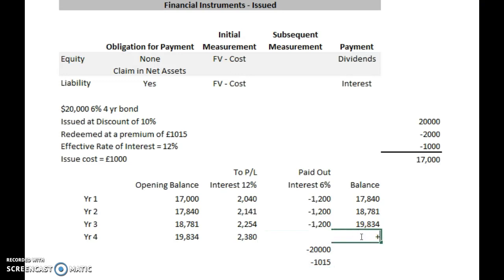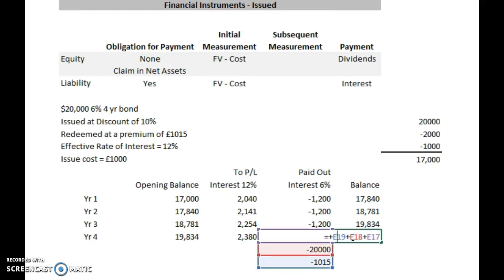So if I add these three up, plus this, plus this, hang on a minute. What's going on here? This is just 22,215 paid out back to the lender in the final period.